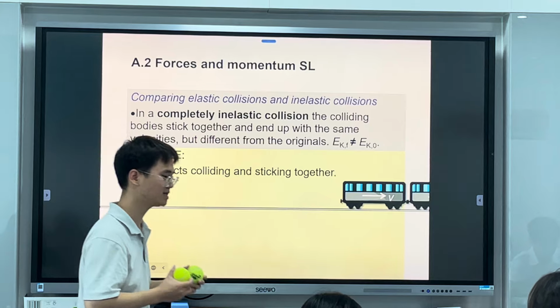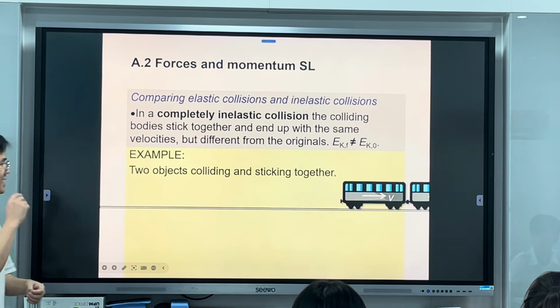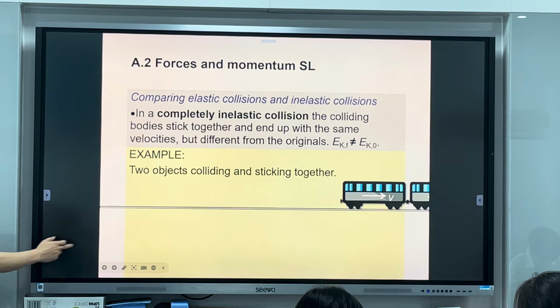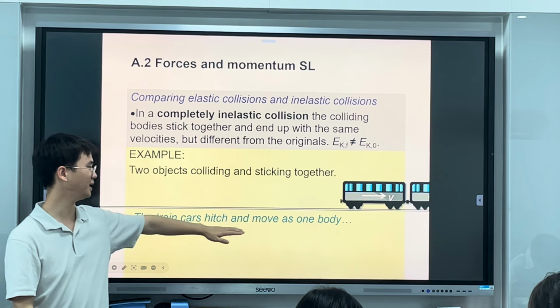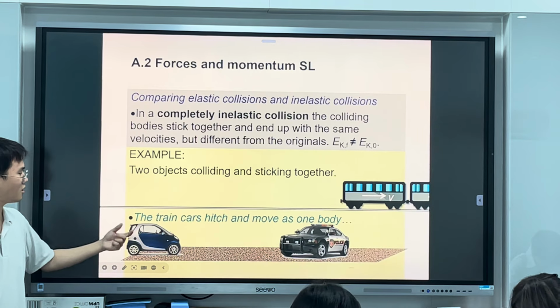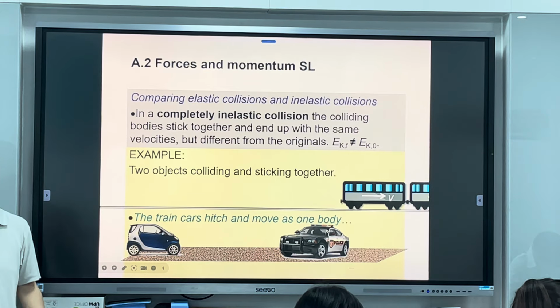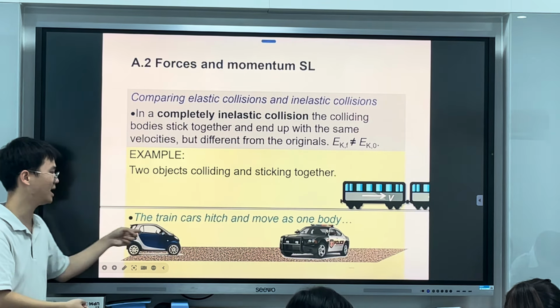And in this case, kinetic energy loss is the greatest. So the train cars connect and move as one body. Or two cars collide and then they stop at the same spot, right?